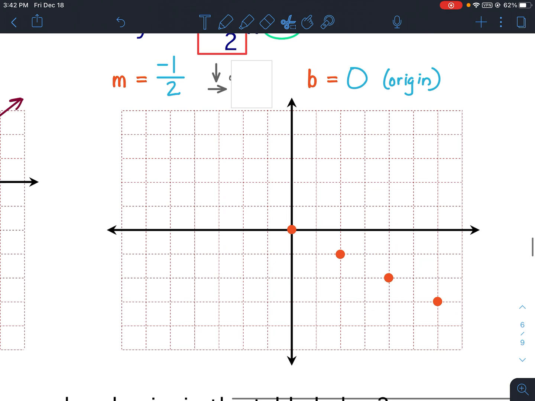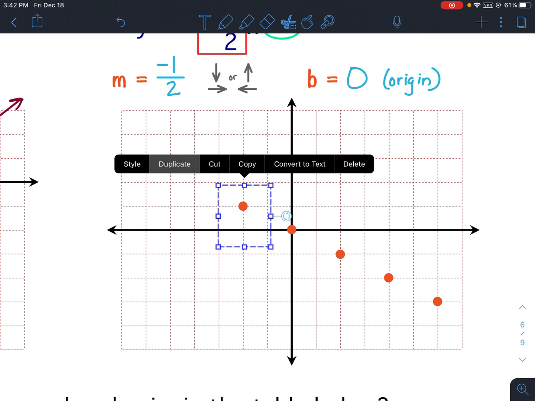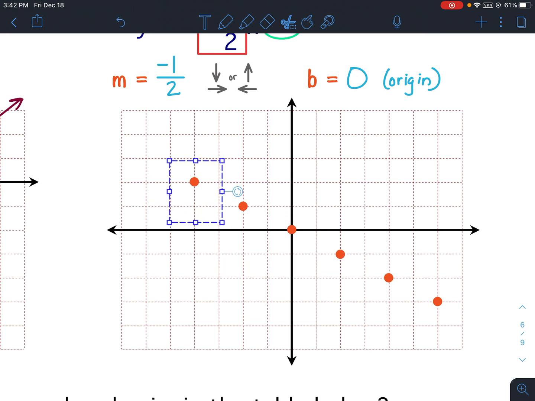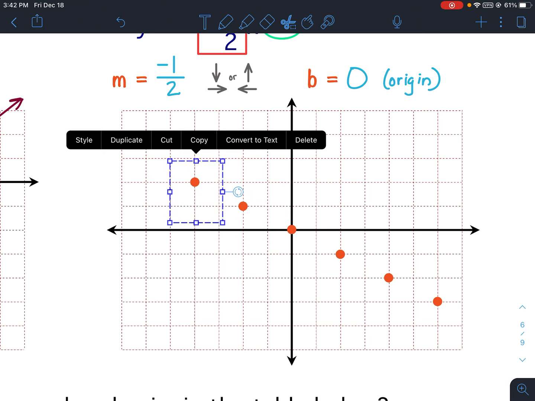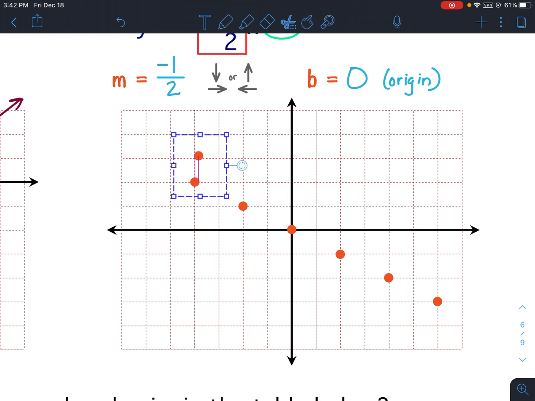Now, once you've gone down and to the right as far as you can, then you do the opposite, which is up and to the left. So now, I'm going to go up 1 to the left 2. Up 1 to the left 2. And last, up 1 to the left 2.